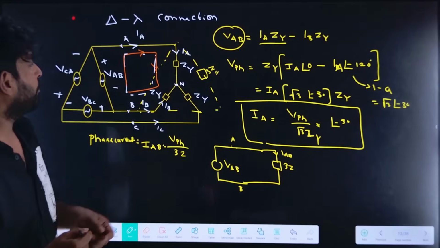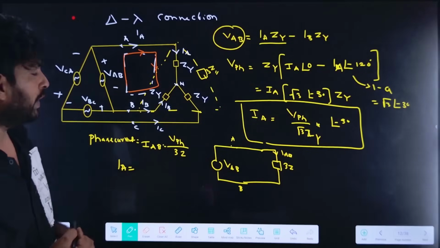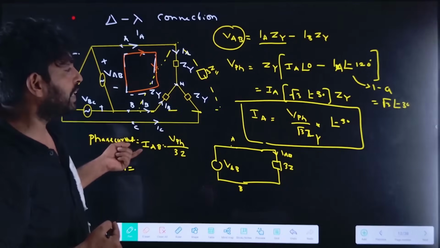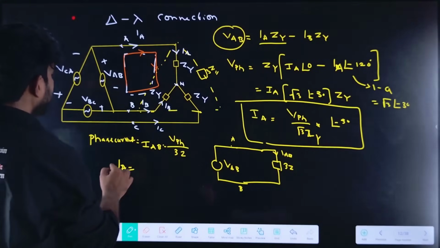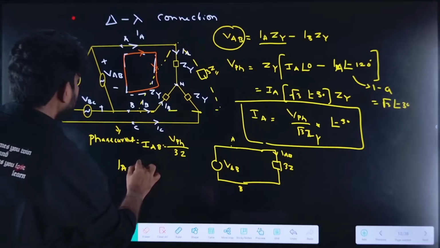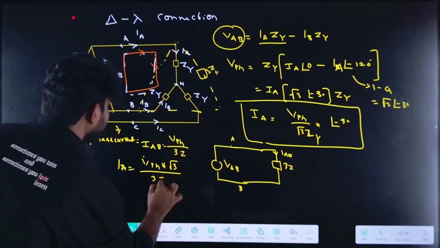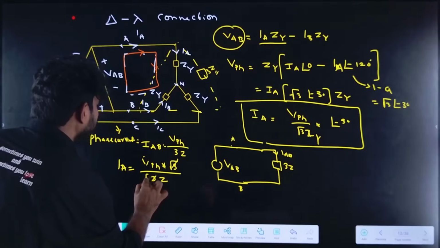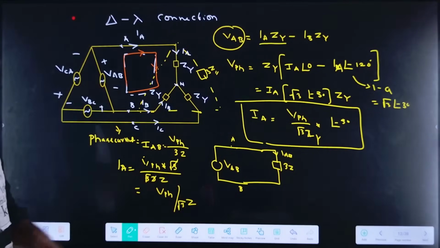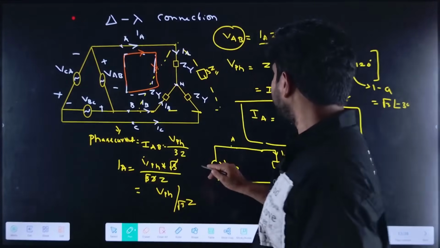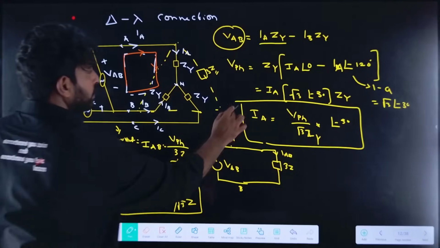If I want to find the line current IA, the line current is the phase current into root 3, that is I phase into root 3 divided by 3 into Z. Root 3 and root 3 get cancelled out, so it equals I phase divided by root 3 into Z. So we get the same expression as before, both are the same.